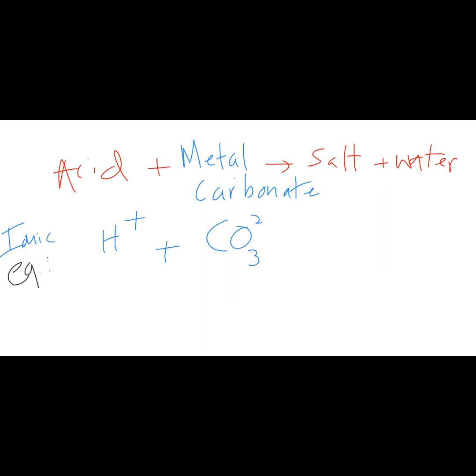Here also you get a salt, but that salt is not useful in the ionic equation. What finally happens is you get carbon dioxide and water. To balance this, you need 2 hydrogen ions.